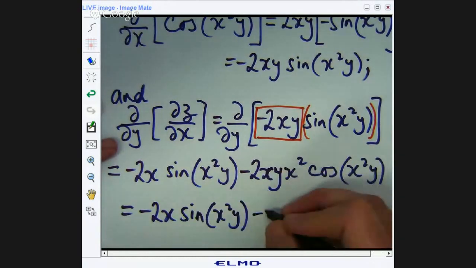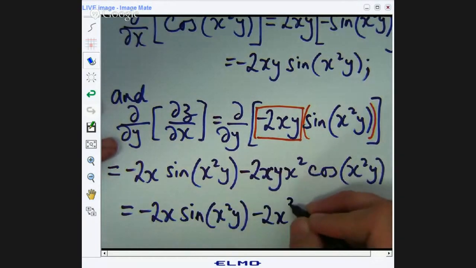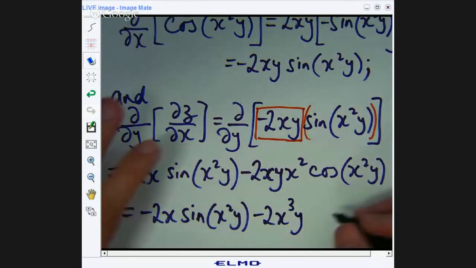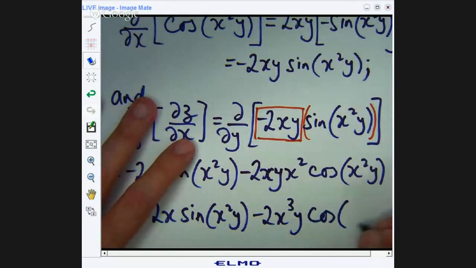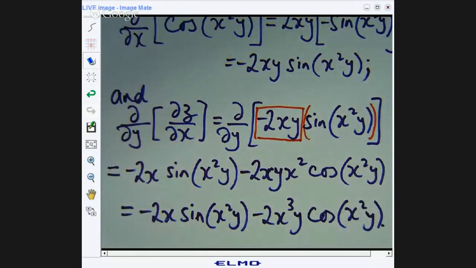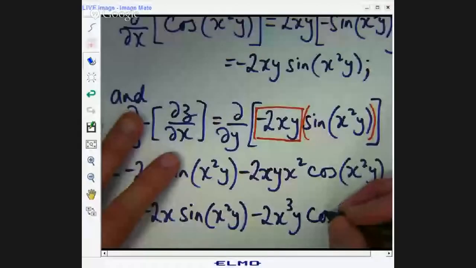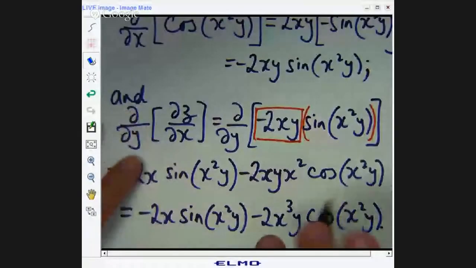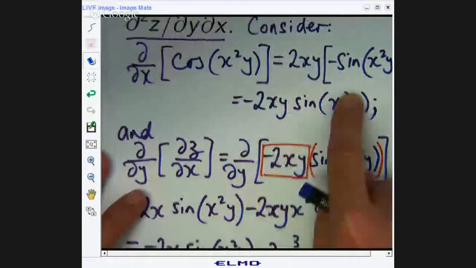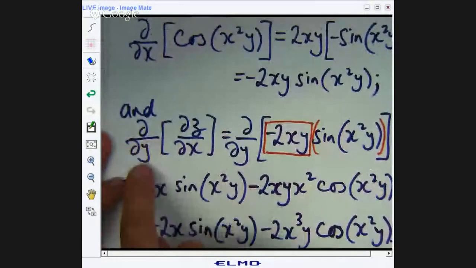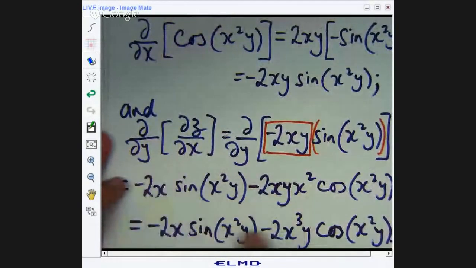So those x's can be combined. All right. So let's make a conclusion or write down the final answer. Okay, so we've got all that. Let's combine this. So dz/dx will be this. d squared z/dy dx will be this.